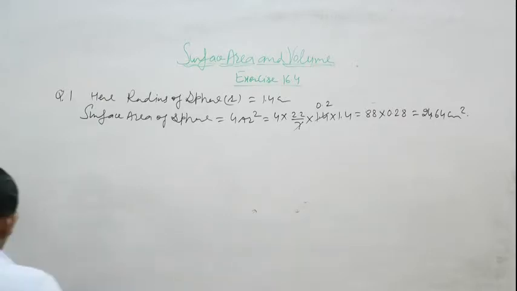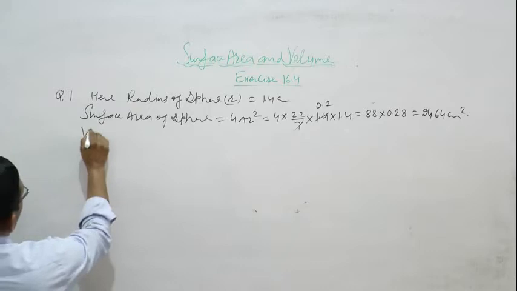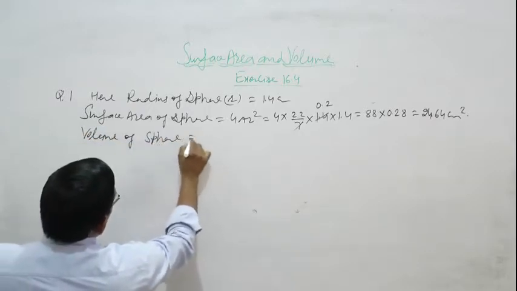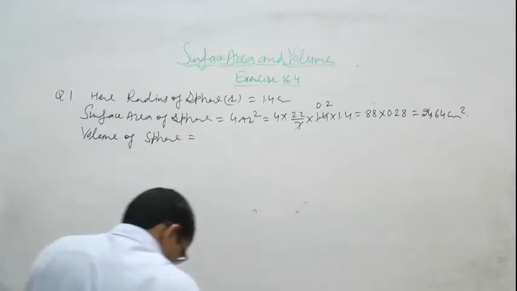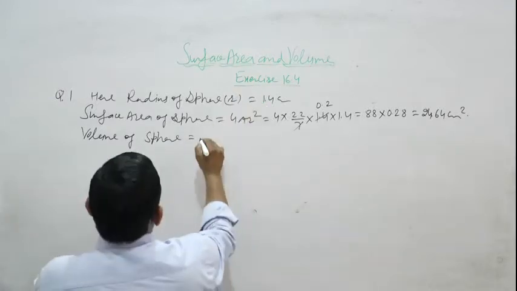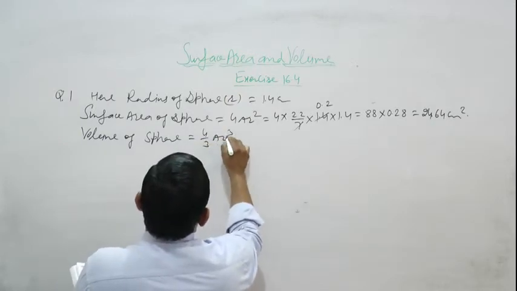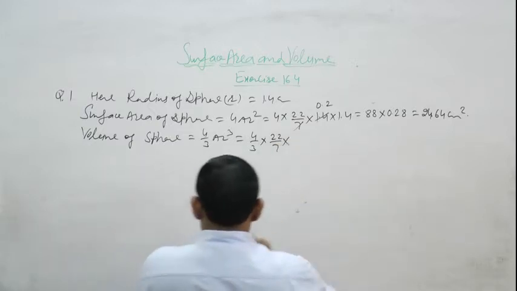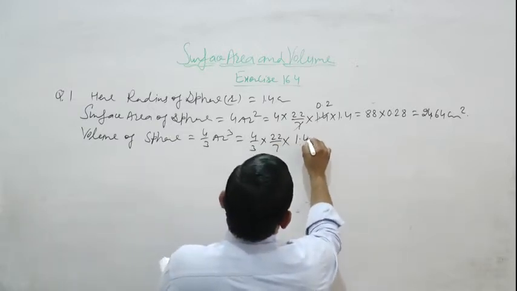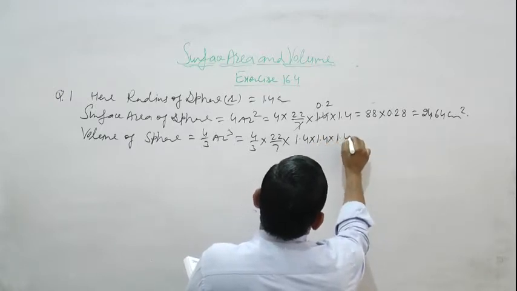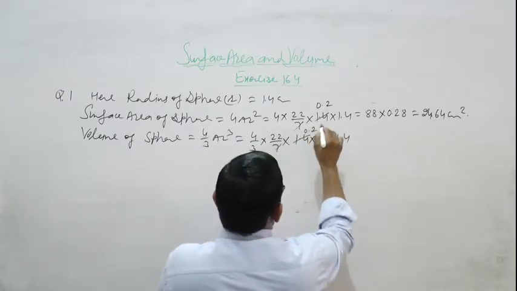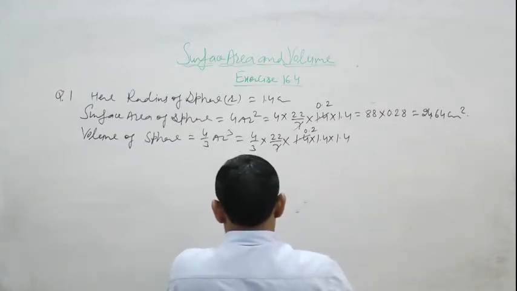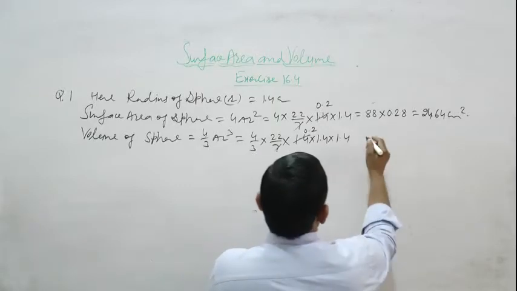In the same question we want to find the volume. So the volume of a sphere is 4 upon 3 pi r cube, that is 4 upon 3 into 22 upon 7. Here the radius is 1.4, so 1.4 into 1.4 into 1.4. 7 cancelled by 1.4, we get 0.2.